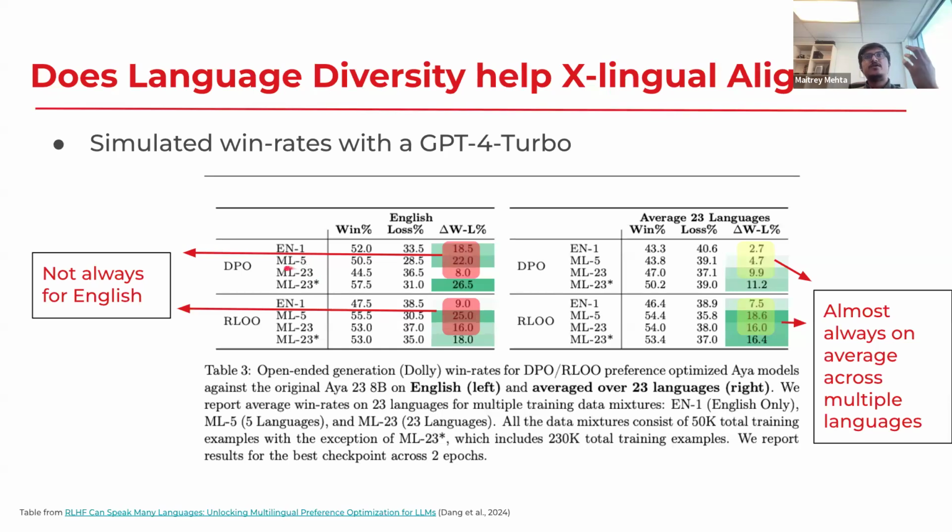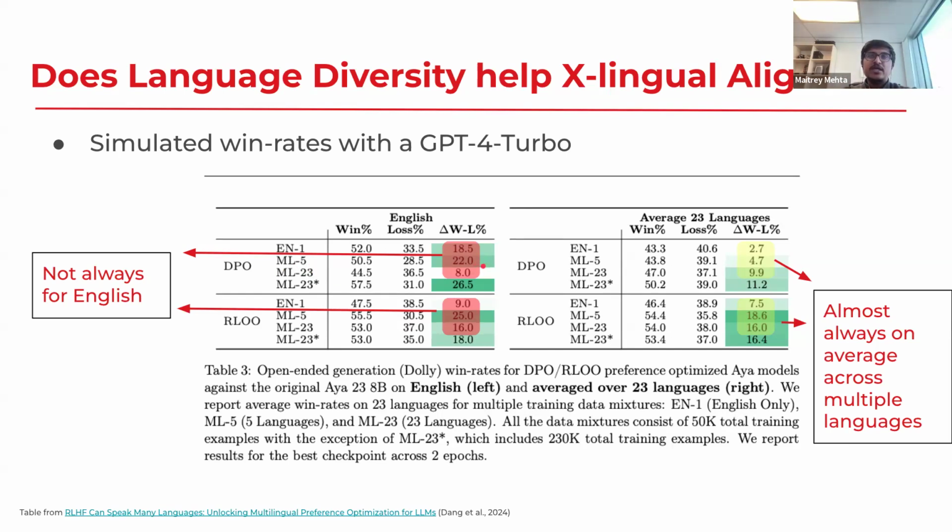And the third row is using the same amount of data, but spread across 23 different languages. And we found that for English, when you are aligning an English IFT model, it only works to a certain extent. So there is a jump that you see when you're adding 4 different languages.